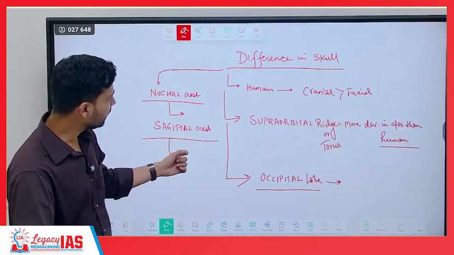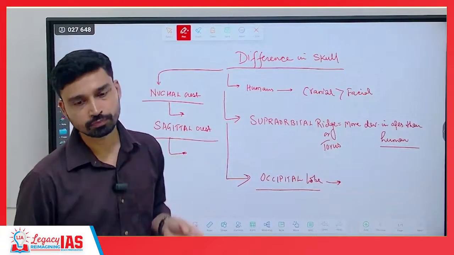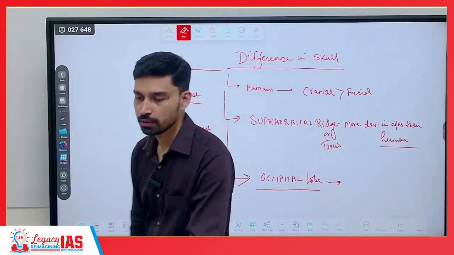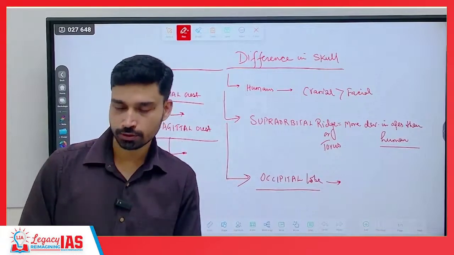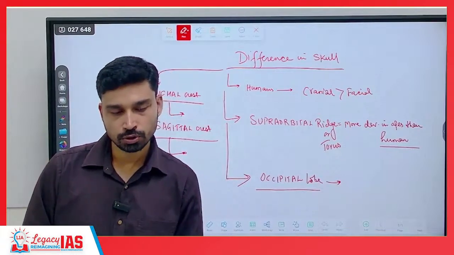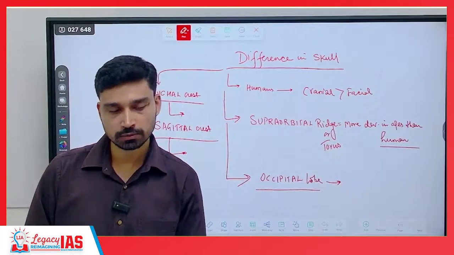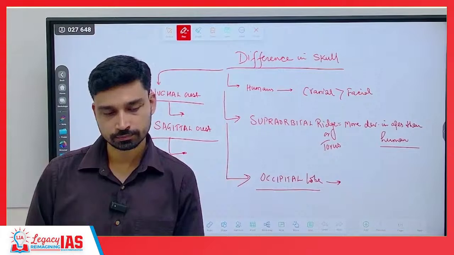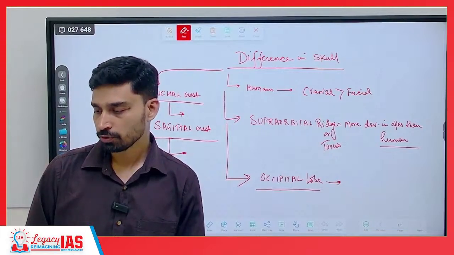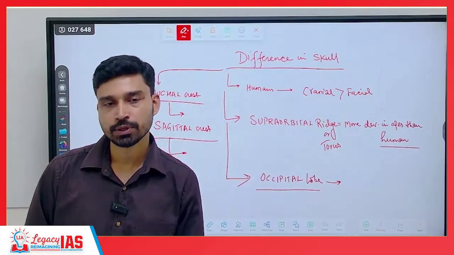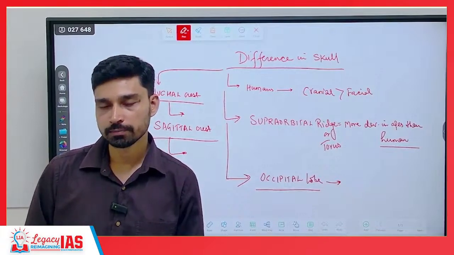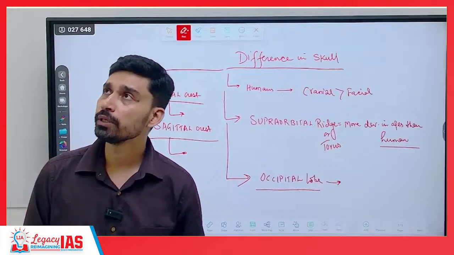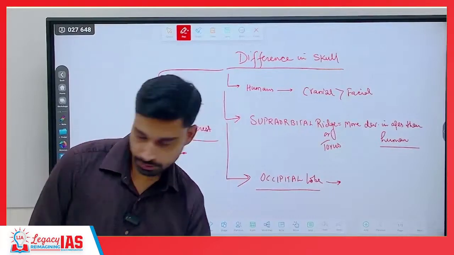So you can write: sagittal crest provides attachment site for the jaw muscle, which is strong in apes due to their dietary pattern.